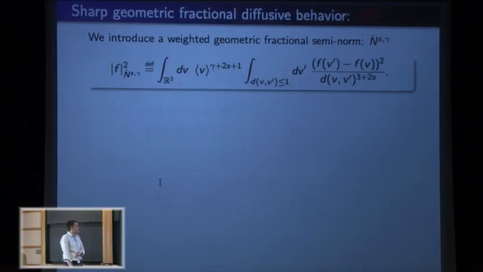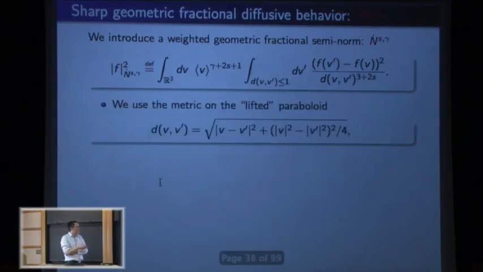Okay, so let me be precise about what we actually do. This sharp geometric fractional diffusive behavior is in this space that we call N^{S,gamma}. The Boltzmann equation experiences diffusion like this quantity right here, and this is sharp.